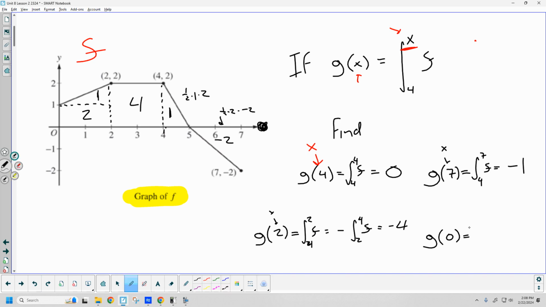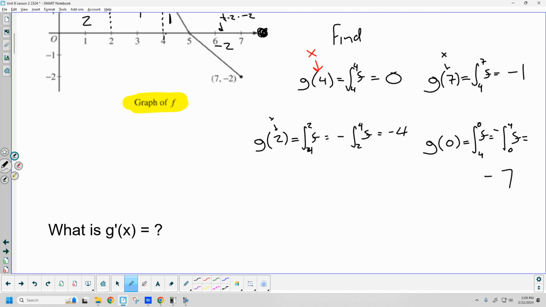I want to go and accumulate F from 4 to 0. I will do the opposite of 0 to 4. I'm going back in time. I'm subtracting just like you did last unit. 4, 5, 6, 7, but negative 7. Now, I'm about to show you something.